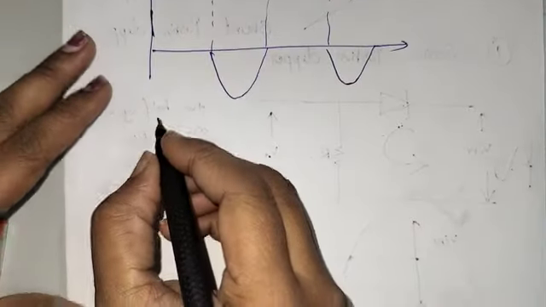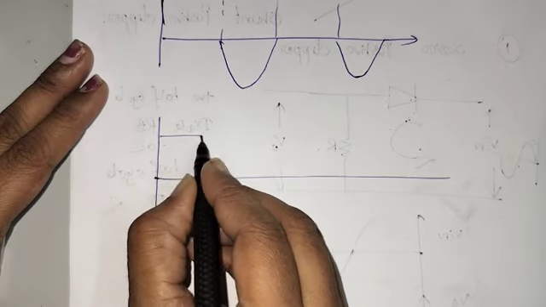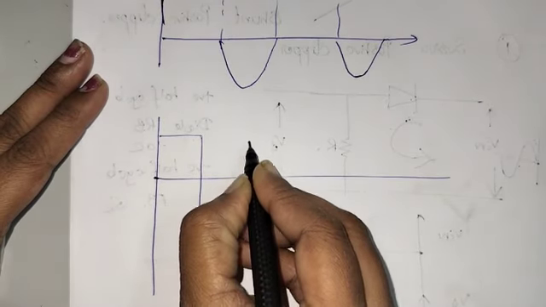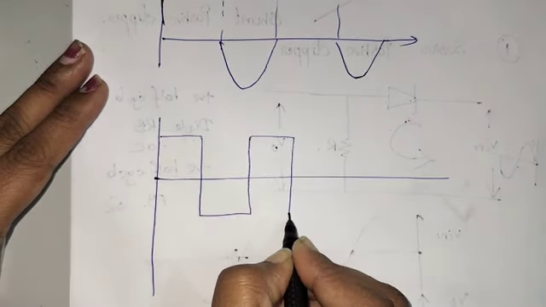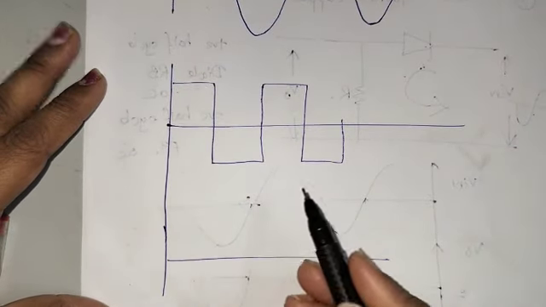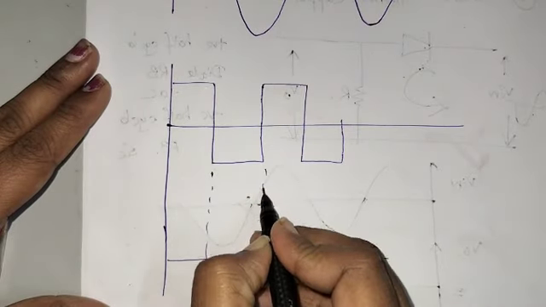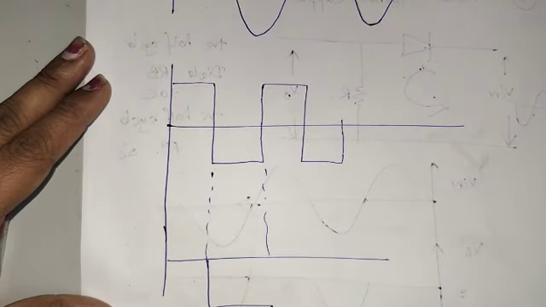Not only for sine waveform, we can also draw for square. For square, for positive half cycle, the diode acts as a short circuit. We can get only negative half cycles.